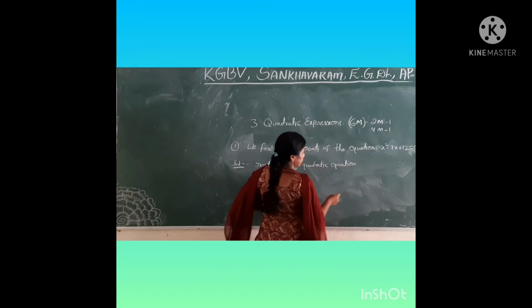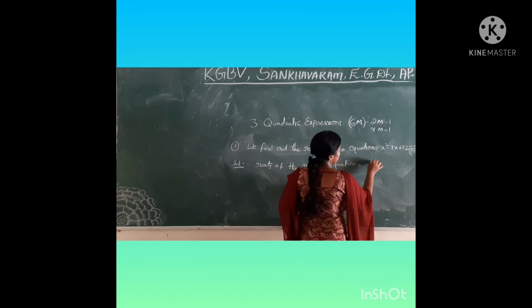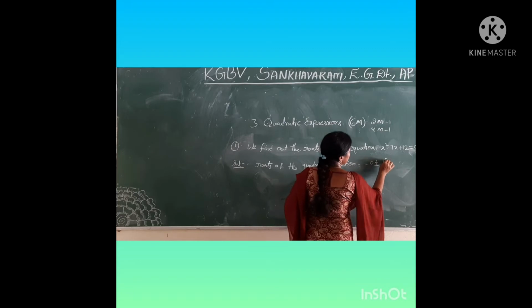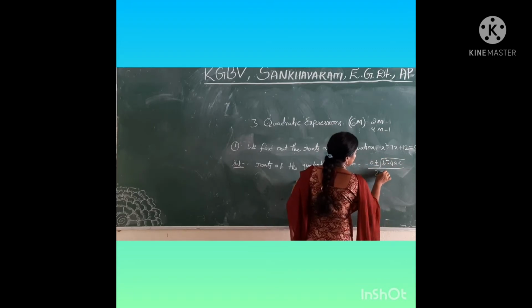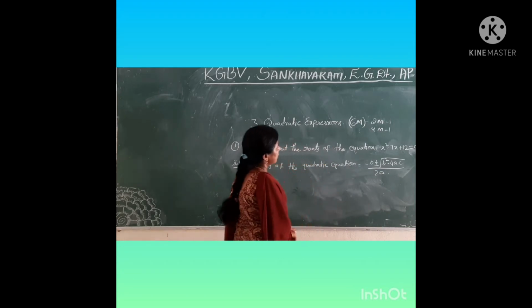The roots of the quadratic equation are minus b plus or minus root of b square minus 4ac, by 2a. See here.